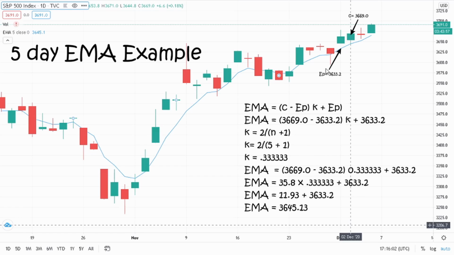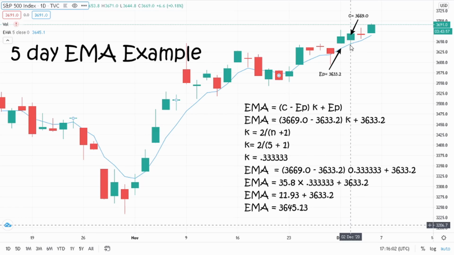Then we're going to add the previous period, so December 1st exponential moving average, which again is $3,633.20. This gives us an EMA for December 2nd of $3,645.13.